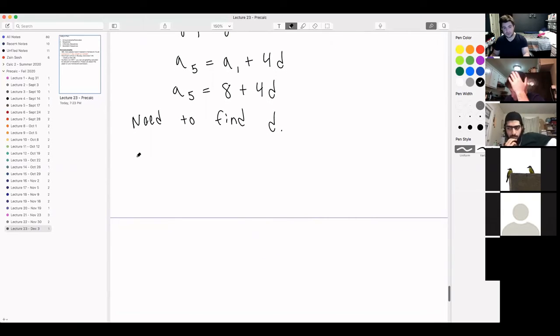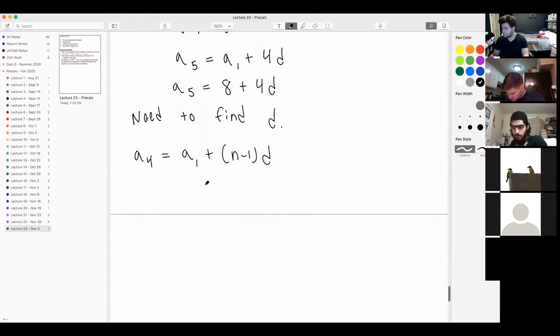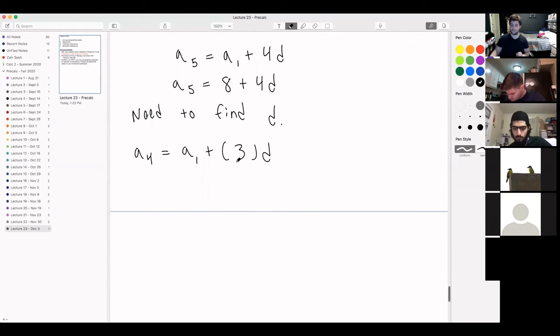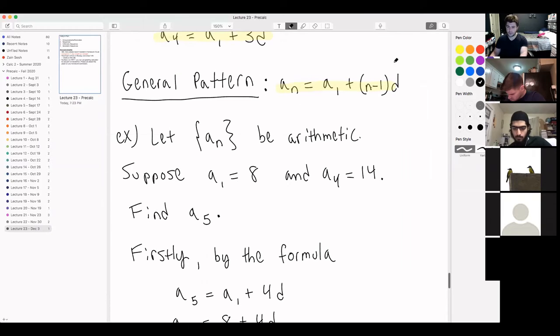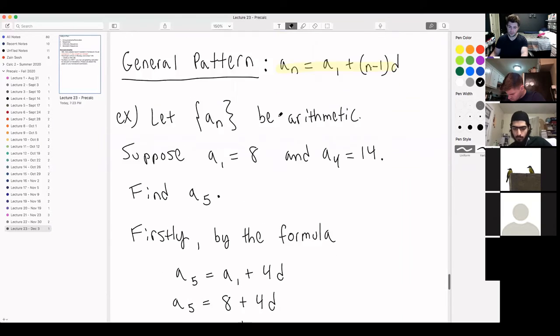Okay, so a sub 4, firstly, it's equal to a sub 1 plus n minus 1 times d. Right, but n minus 1 is 3 here. So it's a1 plus 3d. Okay, and this is just by this formula up here when I plug in n equals 4.